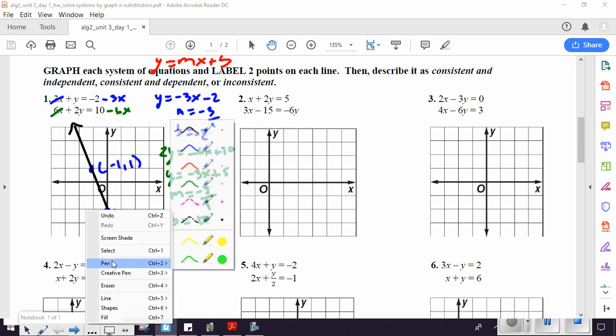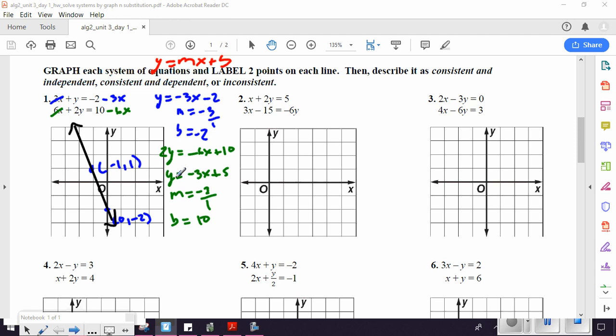Now we graph the second equation, which has a y-intercept of 5. 1, 2, 3, 1, 2, 3, 4. Okay, so 5's not on here. I do know 5 would be up here, and the slope says fall 3, so 1, 2, 3, and right 1, so that would be here.